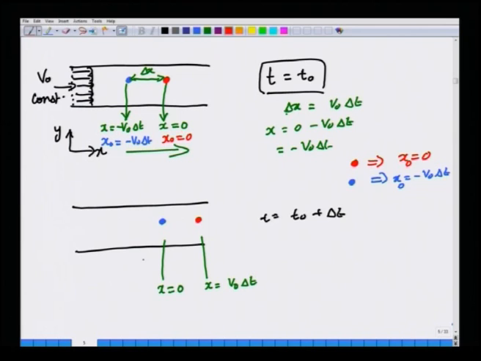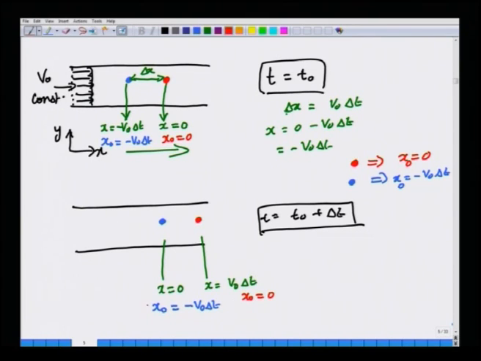Now, even at a later time t0 plus delta t, this blue particle is still denoted by the same Lagrangian label, because the Lagrangian description uses the position of the particles at an initial time, let us say t naught, to label them. So, x naught is still minus v0 delta t, and x naught for this red particle is still 0.